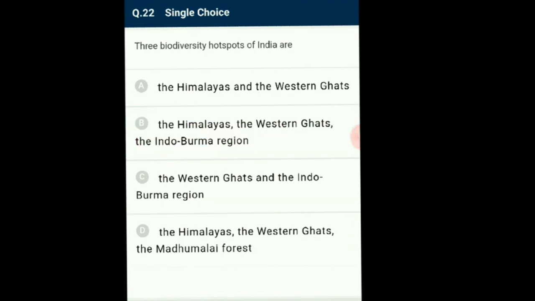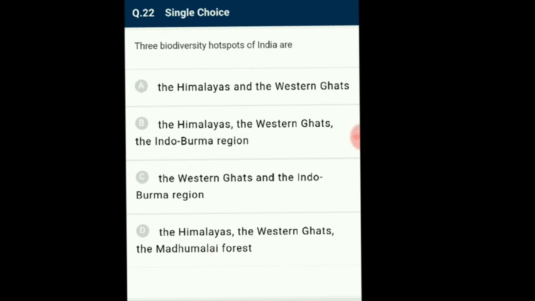Question number 22. Three biodiversity hotspots of India are: The total number of biodiversity hotspots in the world is 34. These hotspots are also regions of accelerated habitat loss.